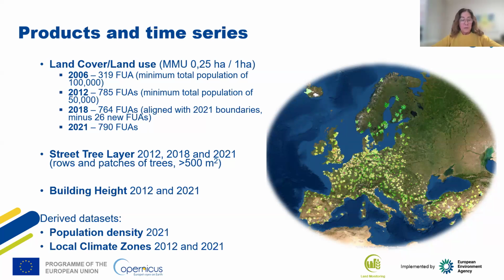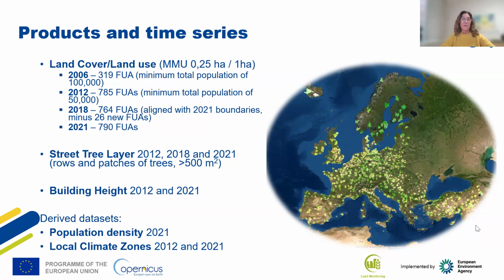And when we refer to Urban Atlas suite of products, it's because we offer more than one. And those are, as you can see in the slides, the land cover land use product, as the name says, provides land cover land use information in functional urban areas. We started in 2006 covering 319 functional urban areas. So we were covering cities with more than 100,000 inhabitants.